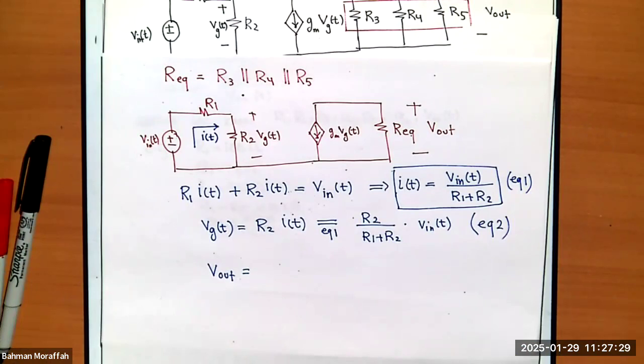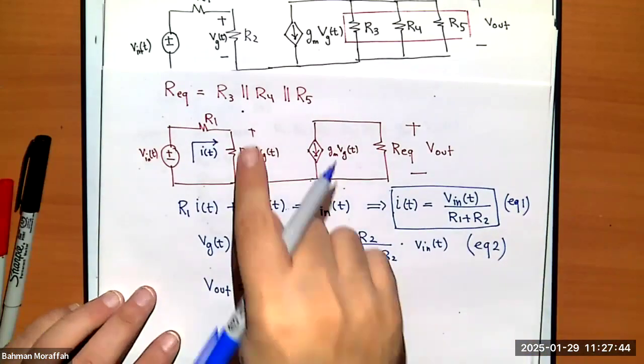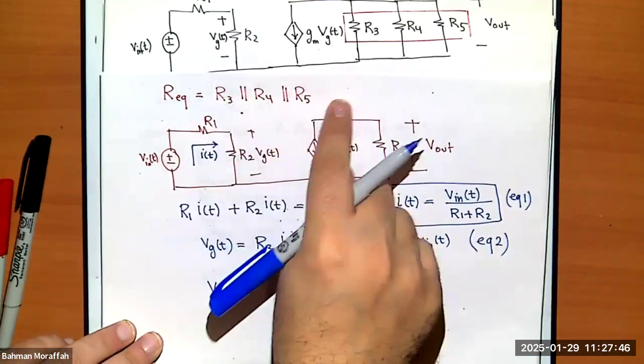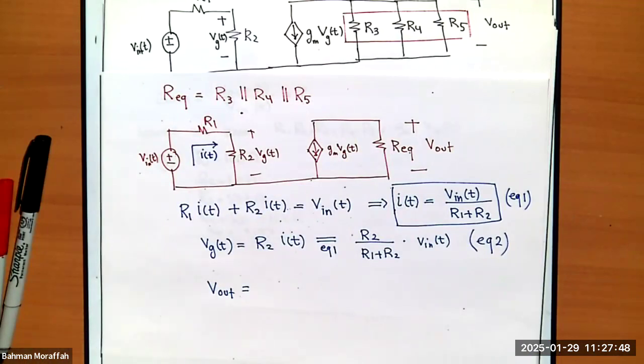So if I know the value of the resistance, and if I know the current through it, I know the voltage across it. I'm claiming in this circuit, we know exactly what's happening. I know R equivalent, that's the formula that we had up here. What I'm claiming is that I know the current through R equivalent as well.